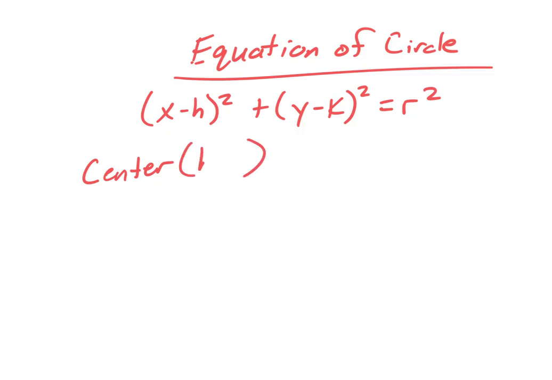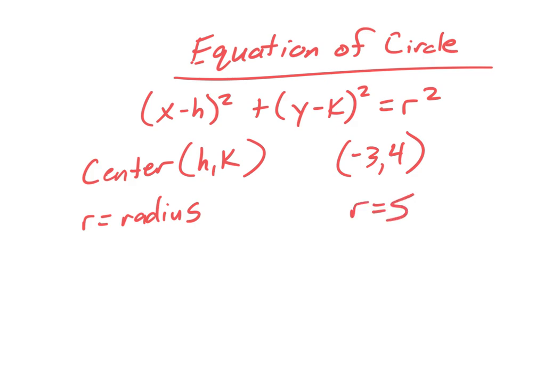Really 2. Your center is recognized as HK. HK is the ordered pair for that. And R is the radius. So if I tell you that I have a center at negative 3, 4, and my radius is 5. This is my H, this is my K.